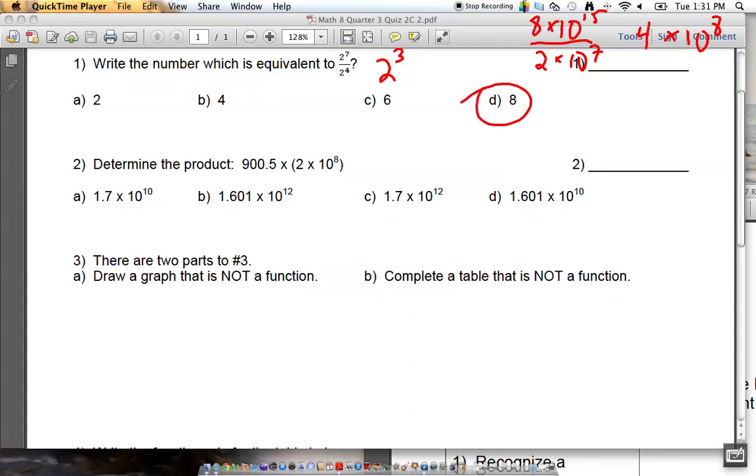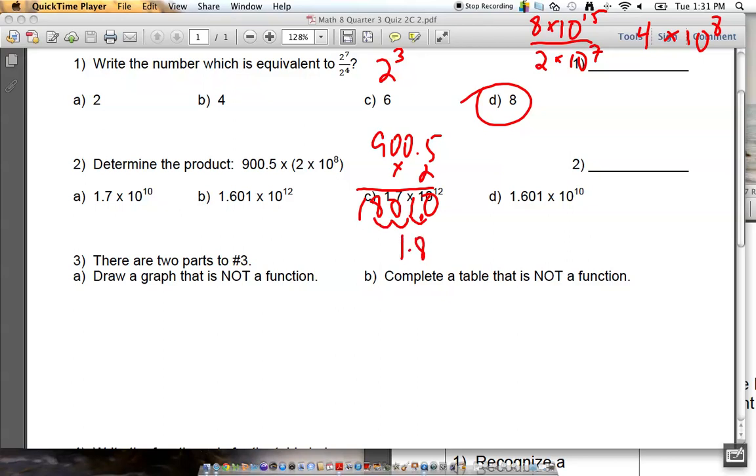Now on number 2, I actually made a mistake, and none of the choices are right. So no matter what, I gave everybody credit for it. Okay? Well, look, first I have to multiply 900.5 times 2. And that would give me 1801.0, with the decimal point there. But now I need to convert to scientific notation, 1, 2, 3 places.